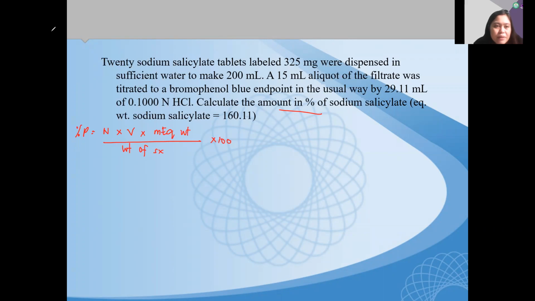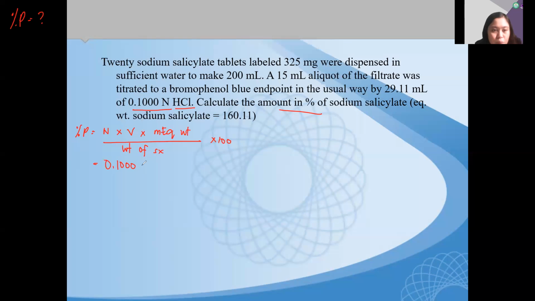For the other givens, the normality, I told you a while ago that the N and the V are for the titrant. Looking at the problem, the titrant here is the hydrochloric acid. So you have here the normality, which is 0.1000.